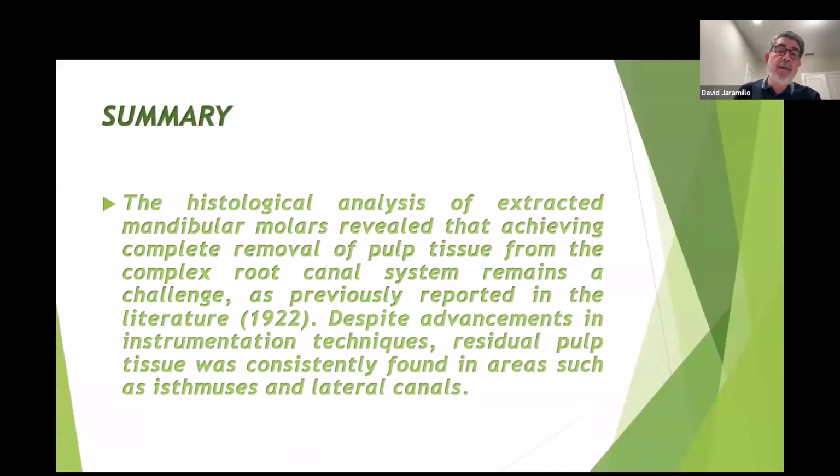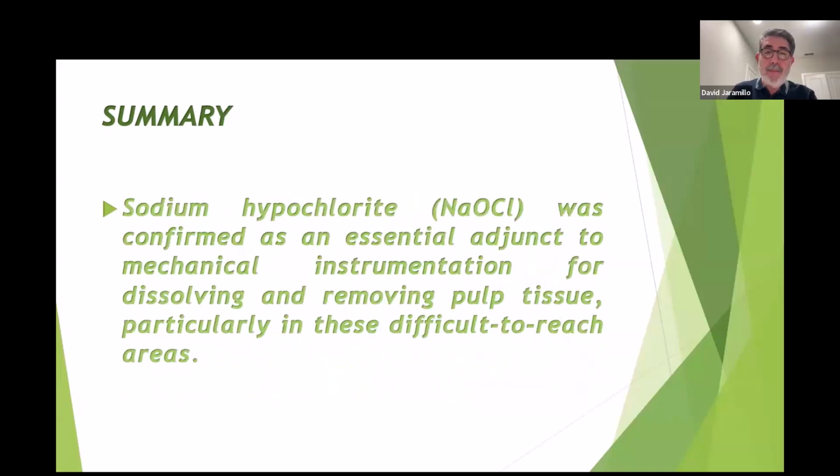So in summary, the histological analysis of extracted mandibular molars revealed that achieving complete removal of pulp tissue from the complex root canal remains a challenge, as previously reported in the literature back in 1922. Despite the advancements in instrumentation technique, residual pulp tissue was consistently found in areas such as isthmuses and lateral canals.